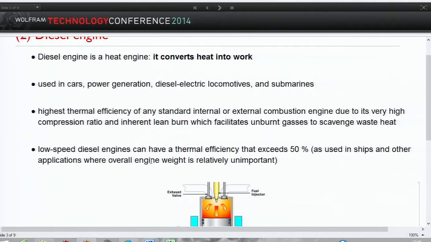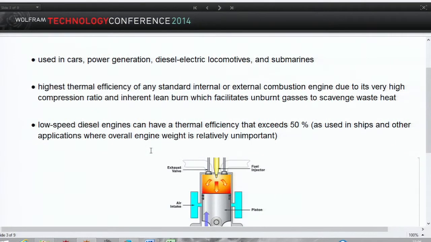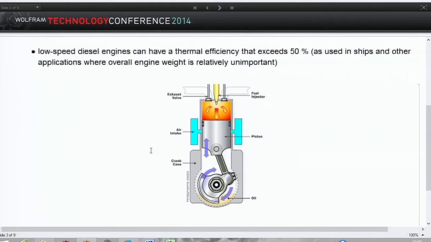In a real engine, the efficiency may be about 50%, but usually it is lower. If we are not so interested in the mass of the engine, we can usually build a big engine and the efficiency is highest. So there is a picture of how a diesel engine works.